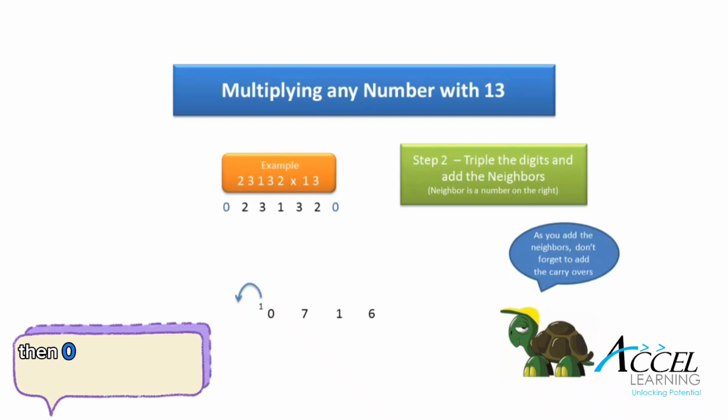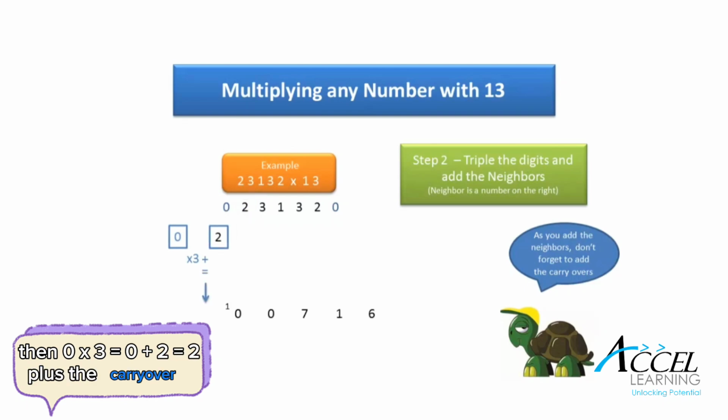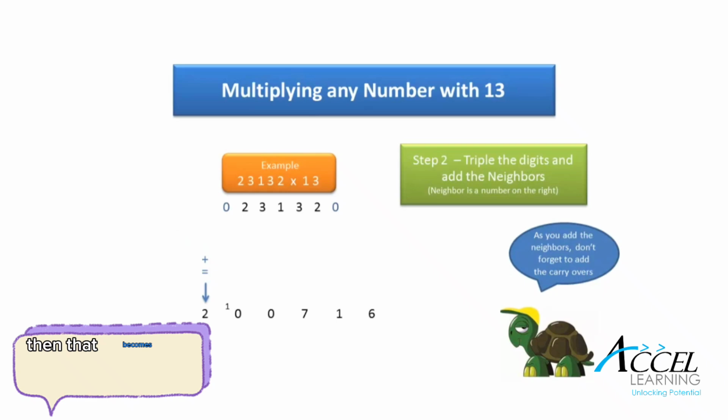Then 0 times 3 equals 0 plus 2 equals 2 plus the carryover 1. Then that becomes 3. And there you got the final answer.